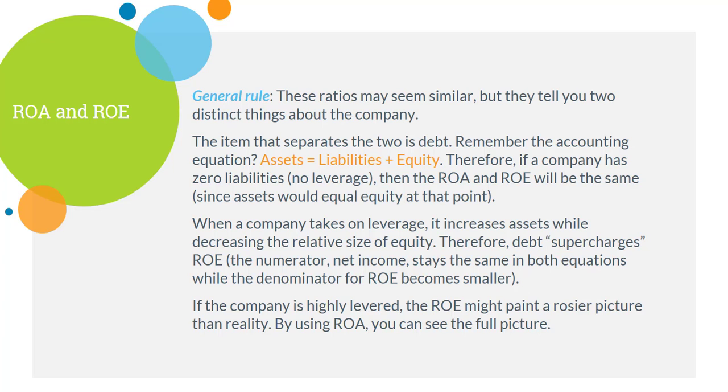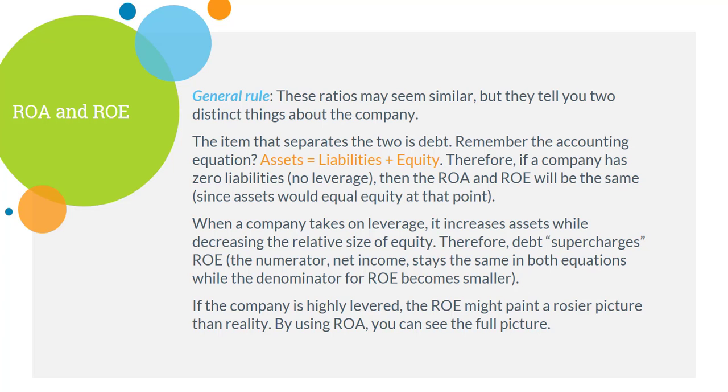So remember the equation, assets equal liabilities plus equity. Well, if liabilities is zero, that means the assets will equal equity. And at that point, ROA will equal ROE. So at that point, they'd be the exact same number.